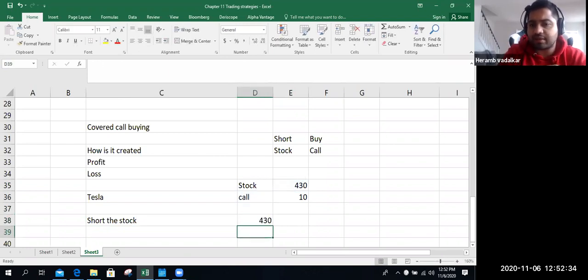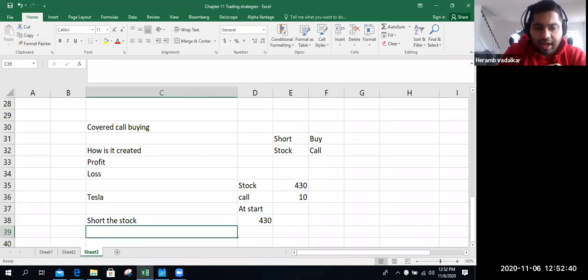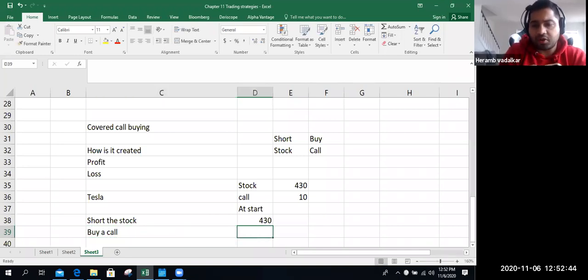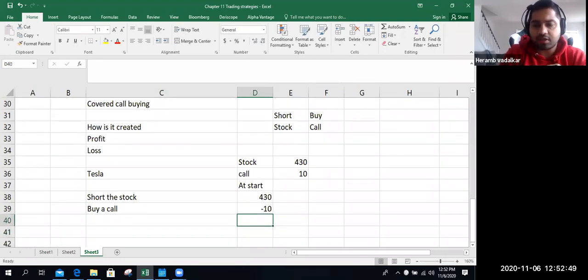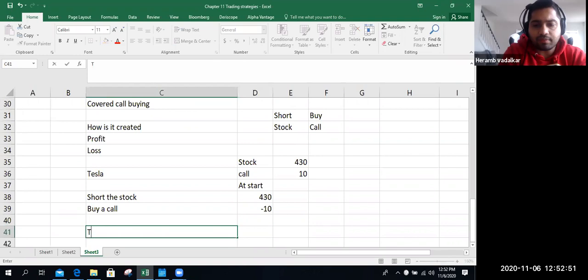So 430 is the amount of money you receive at the start. Okay, and you buy a call option. When you buy a call option, you pay money. So $10 you paid.